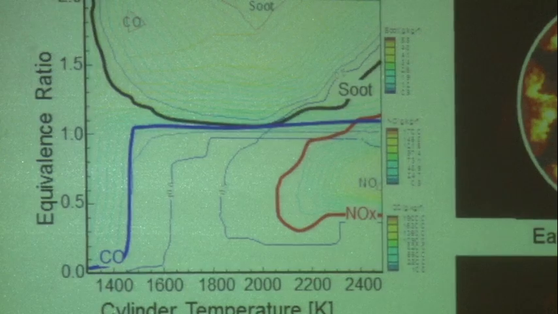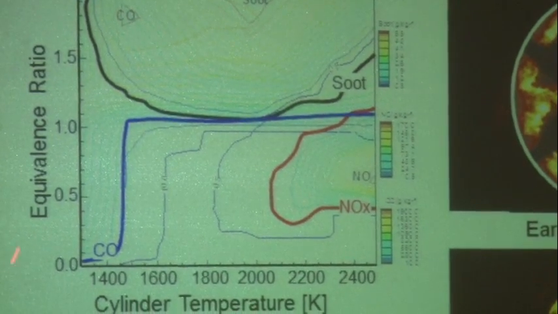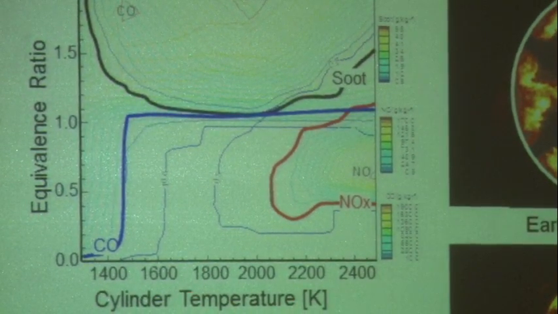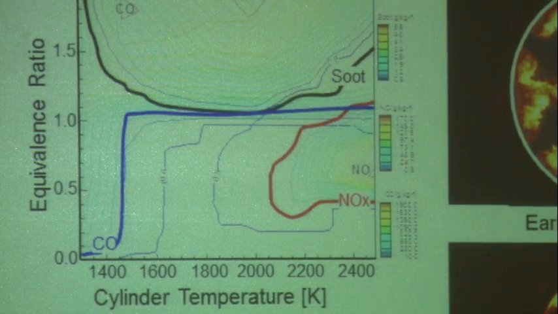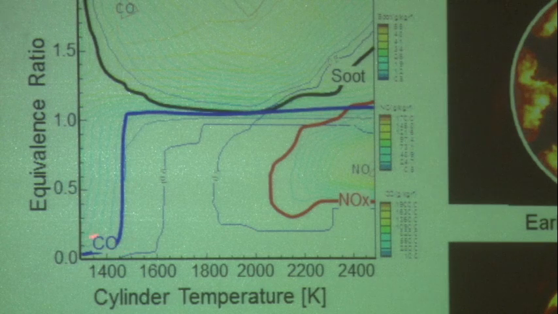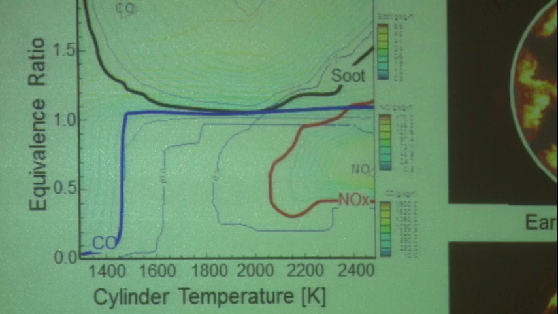serves to give some guidance as to the equivalence ratio and temperature domains that result in emissions of soot, nitric oxide, and unburnt fuel and CO. And basically what it shows is that in a certain temperature range, particularly around 2000 Kelvin here, if the equivalence ratios locally are high enough, you will generate significant amounts of soot.